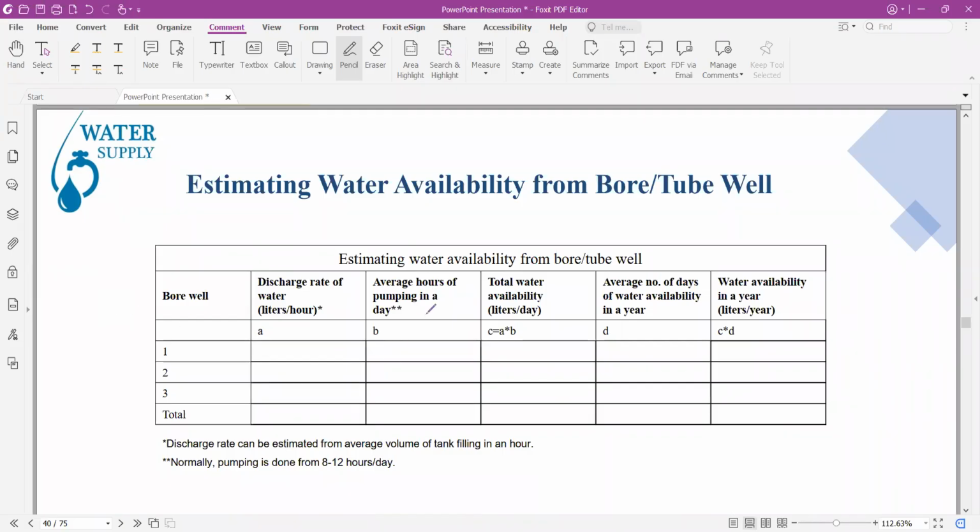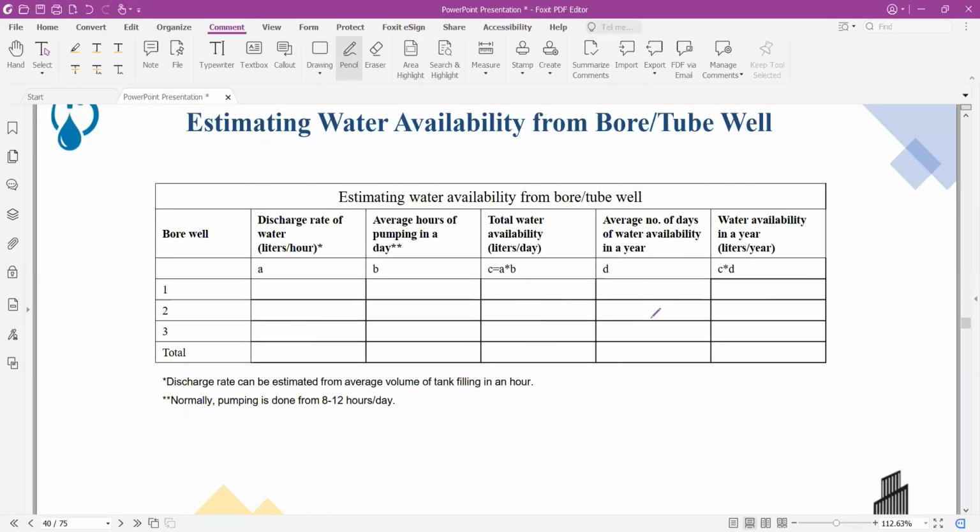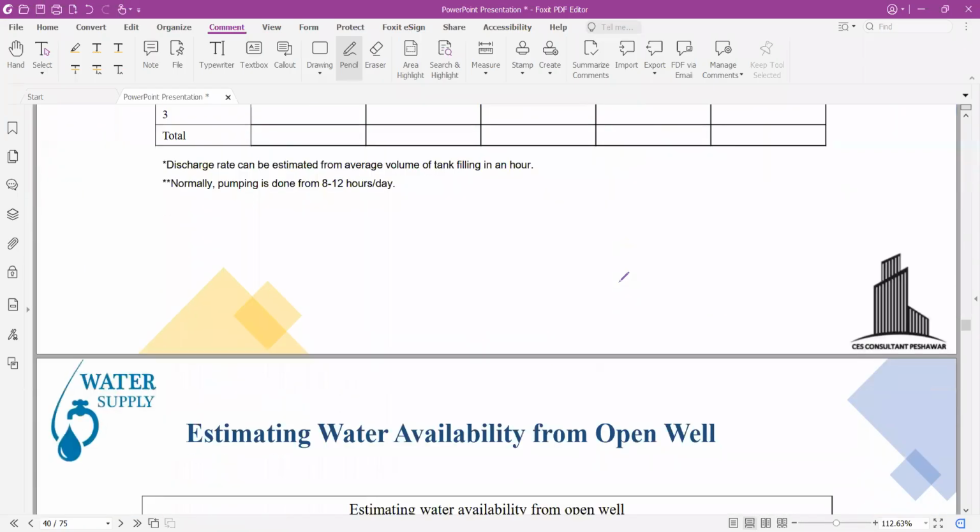With the average hours of pumping in a day and the discharge rate in liters per hour, the total availability per day can be calculated by multiplying these two columns. After that, we can calculate the average number of days of availability in a year. So water availability in a year can be calculated just by multiplying by the number of days the water is available in a tube well or bore well.